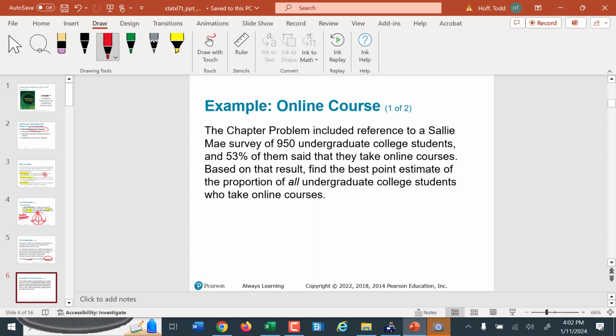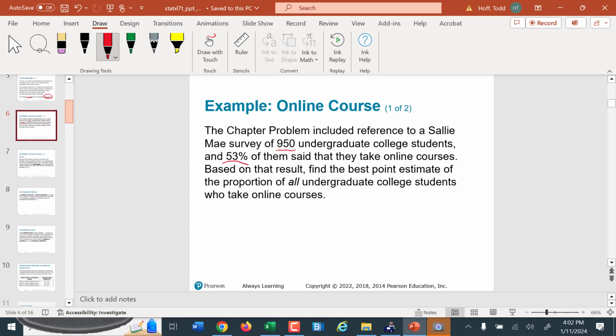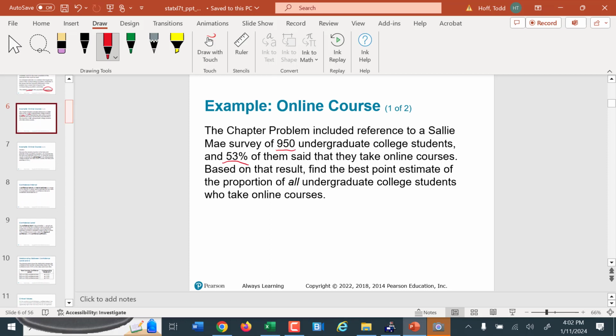As an example, say Sally Mae interviews 950 undergraduate college students, and 53% of them say that they take online courses. Based on this result, find the best point estimate of the proportion of all undergraduate college students who take online courses. Well, first of all, 950 is an adequate size.